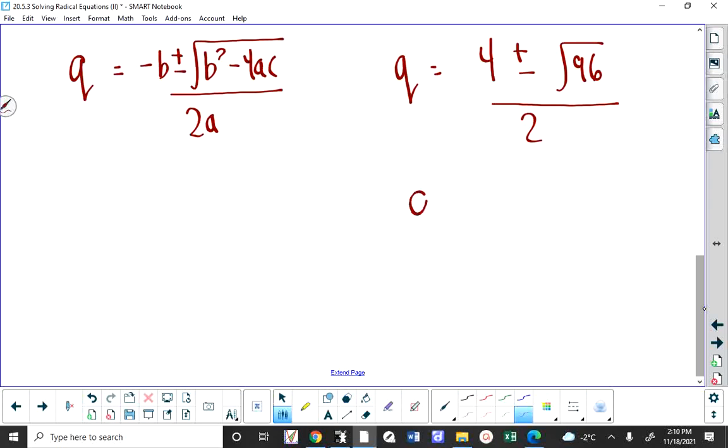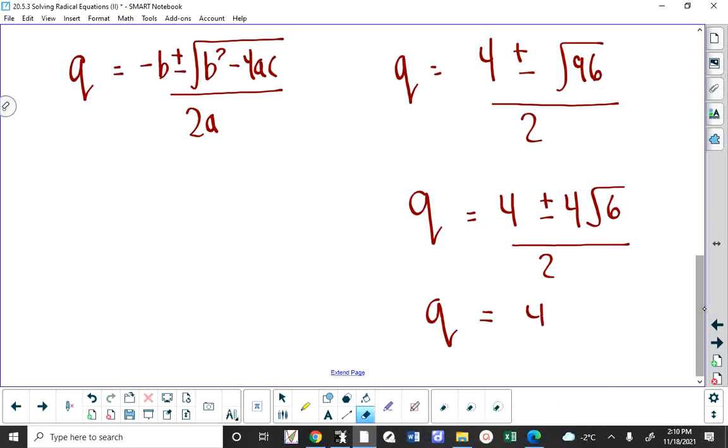Anyway, this is plus or minus root 16 root 6, which is 4 root 6 all over 2. So I'm getting for two answers, no I'm not, I'm getting 2 plus or minus 2 root 6.